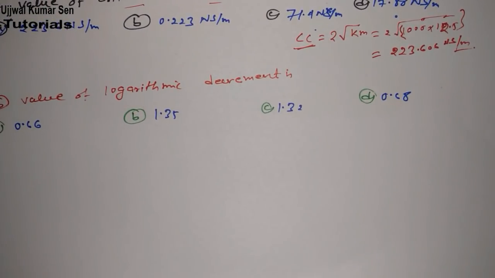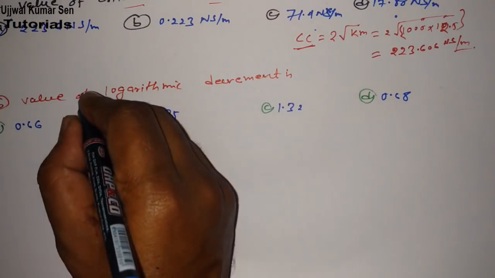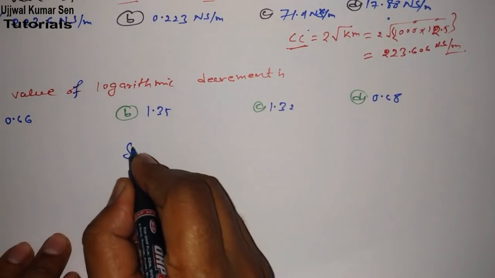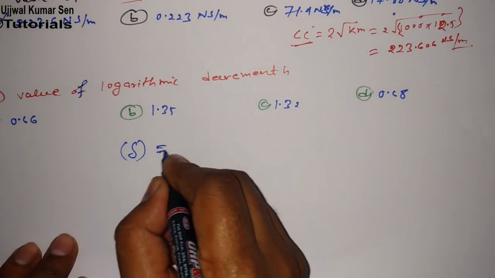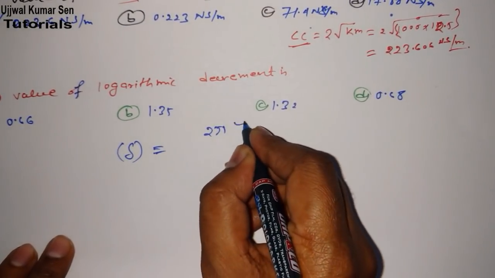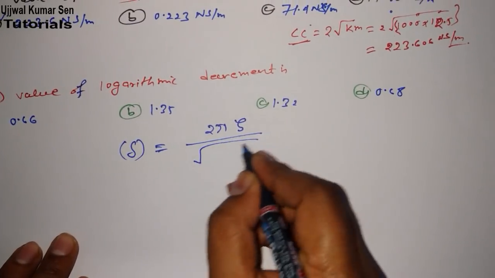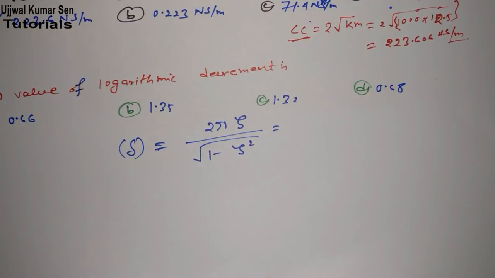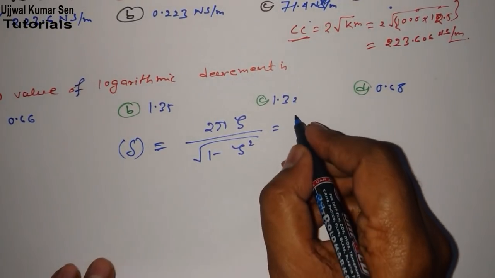Now the next question is the value of logarithmic decrement. We have to find the value of logarithmic decrement, that is delta. Delta is equal to what I have shared with you, 2 pi zeta by root of 1 minus zeta square. Now, what is zeta?